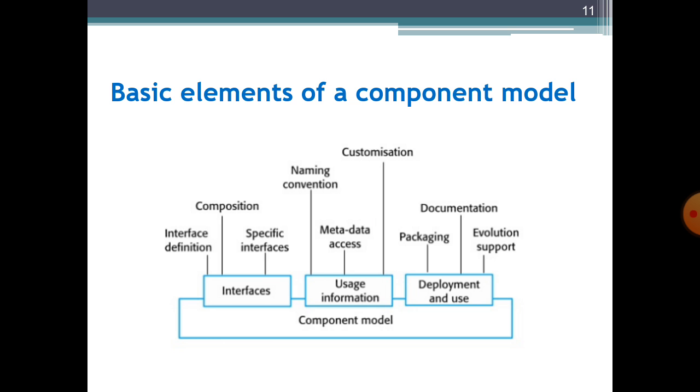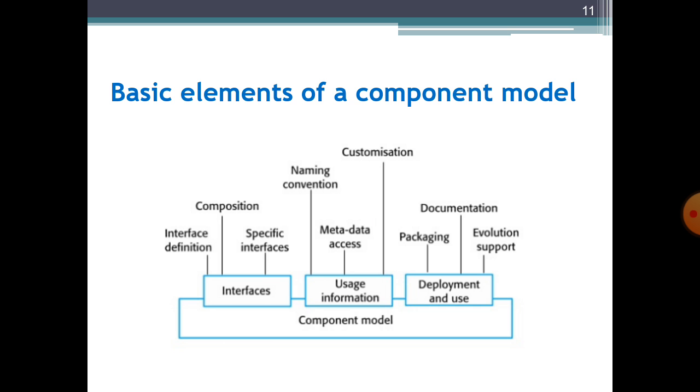So there are some basic elements of a component model. What are the basic elements included in a component model? Students, if you see in this diagram, there are different elements a component model contains. There are three elements actually. Any component model contains the interface, usage information, and the deployment and use. What is the interface, which is the first element of this component model?